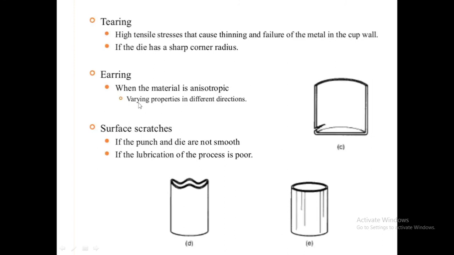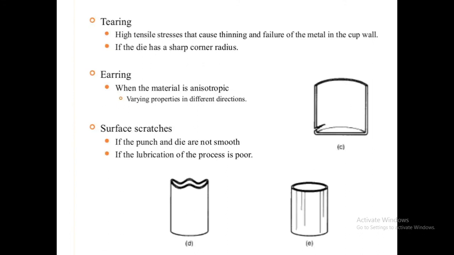Earring is an uneven surface. If we see this image D, on that surface, if the top of this product looks like an ear, like a human ear, such a type of top surface of the cup, then this is called earring.